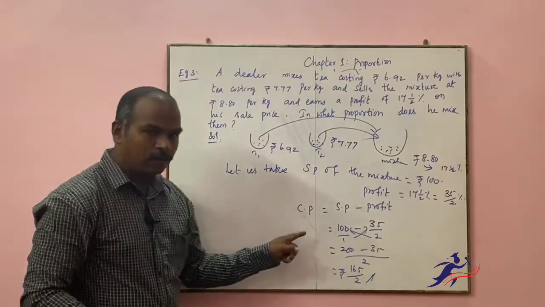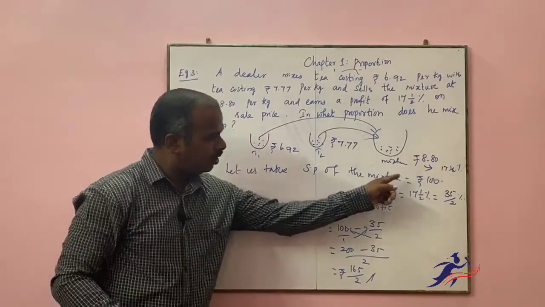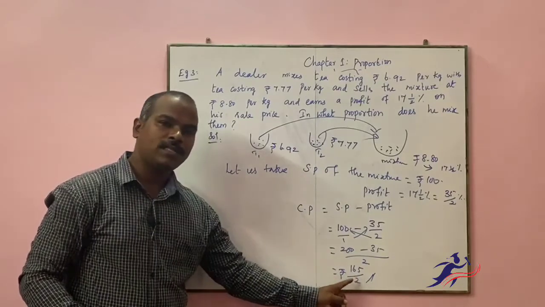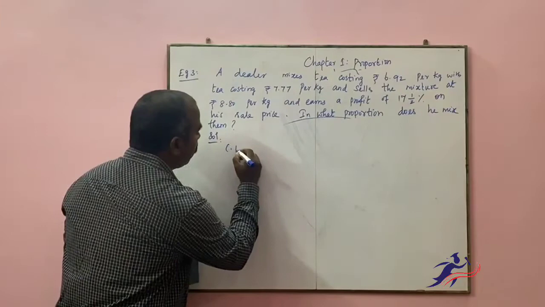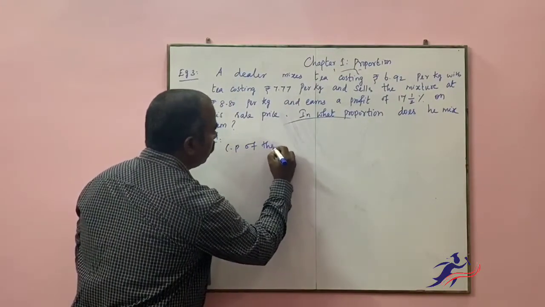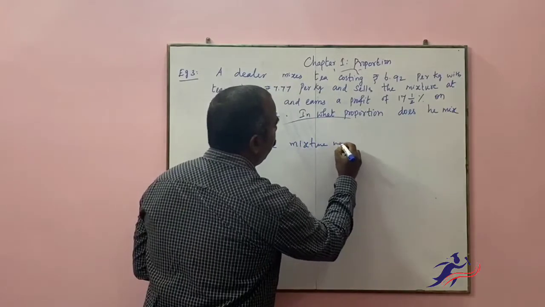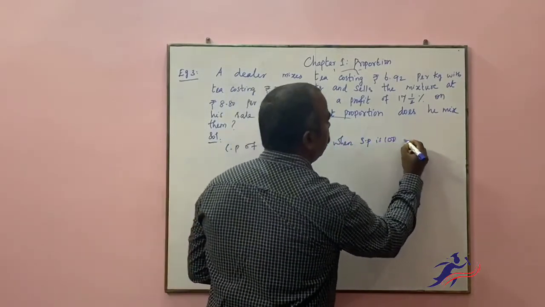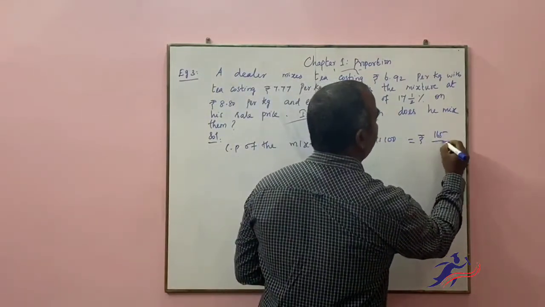Here you clearly check: when we take the selling price of the mixture as 100, the cost price is 165/2.